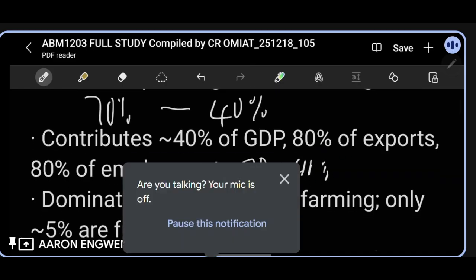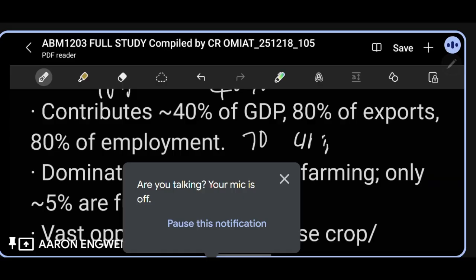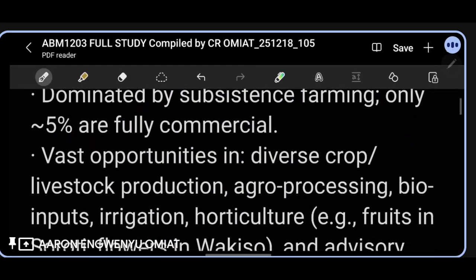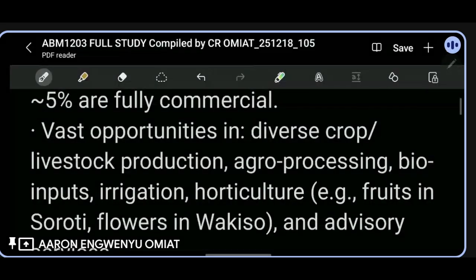We also see that agriculture in Uganda is dominated by subsistence farming. That means approximately only 5% are fully commercial. Then we have vast opportunities in diverse crops, livestock production, agro-processing, bio-inputs, irrigation, horticulture. These are all opportunities for agribusiness.